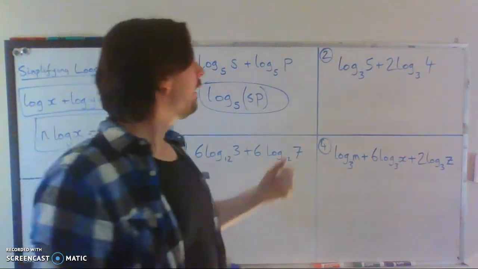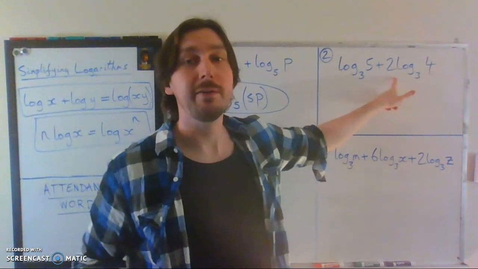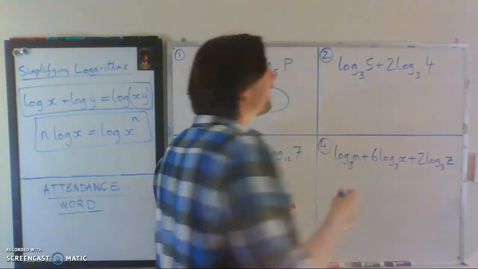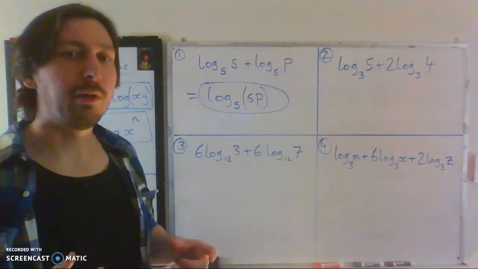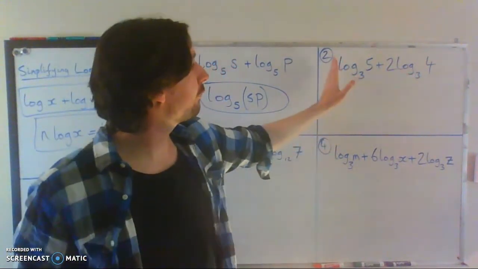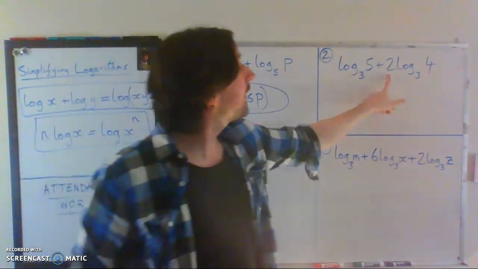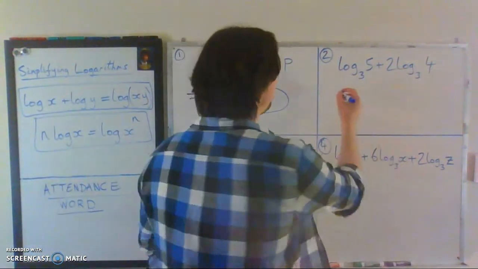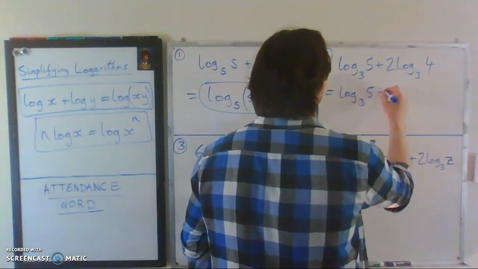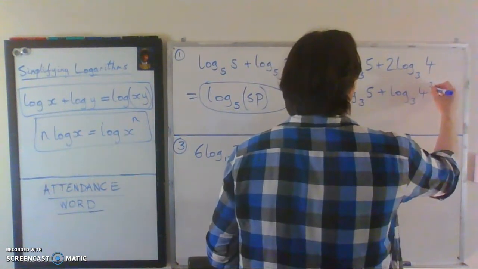Quick as that. Now number 2, same idea, but because there's a number in front here, that's going to end up as a power. Okay? So that's actually the first thing I have to do. I can't put these two things together because look, this is regular log and this is 2 log. So I have to first bring that up as a power. So I'll have this. Log 3 5 plus log 3 4 squared.